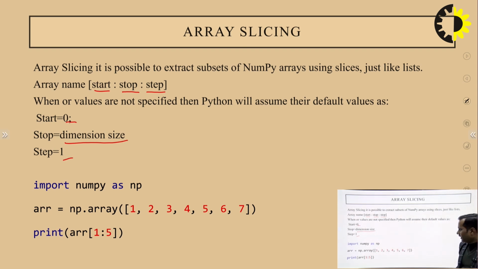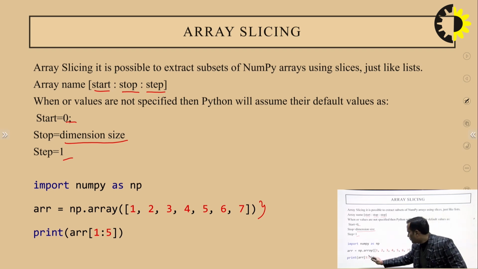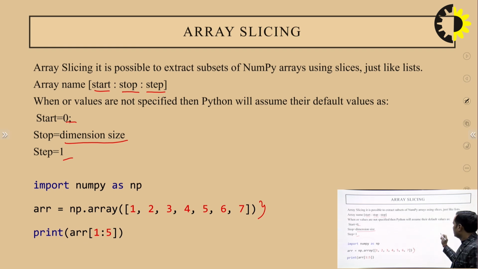For example, we have created a 1D array having 7 elements, and we want to display only a part of this array, a sub-array. We have provided 2 parameters here: the start parameter, that is 1, and the stop parameter, that is 5. But 5 will not be included.